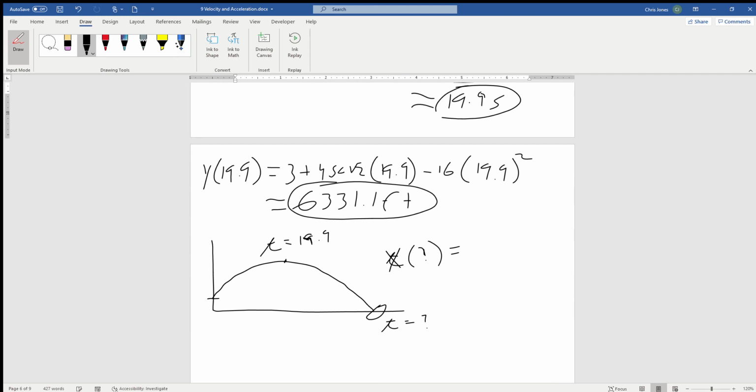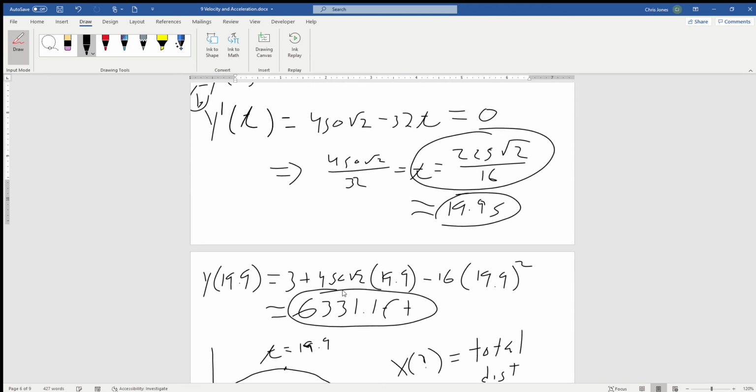So x at that point is going to be equal to the total distance, in the x direction. So to be able to solve that, we need to figure out when the height is equal to 0.